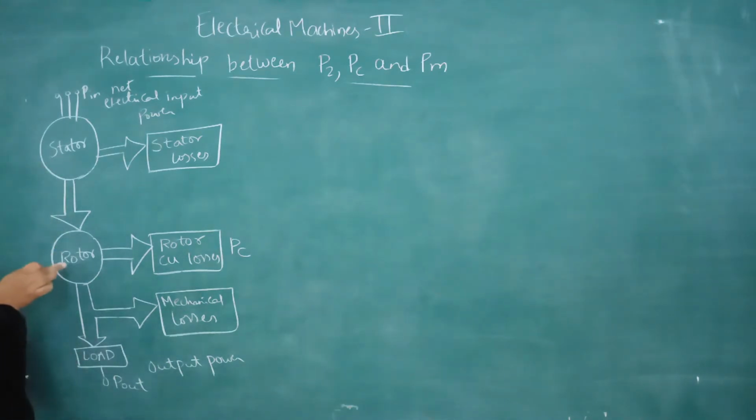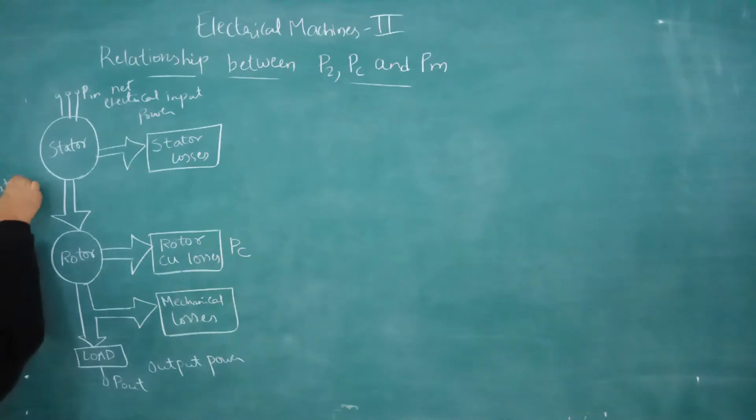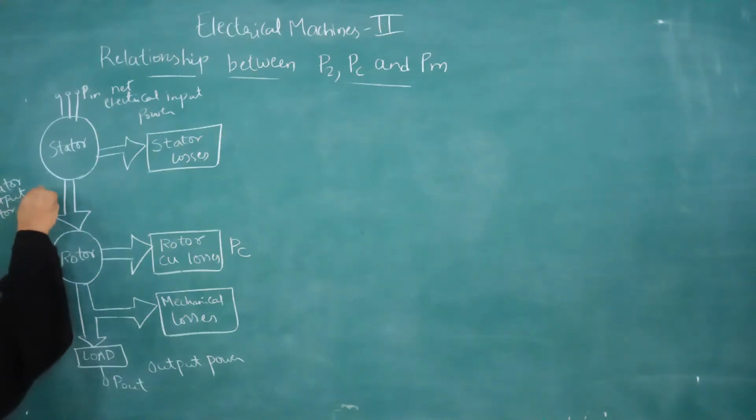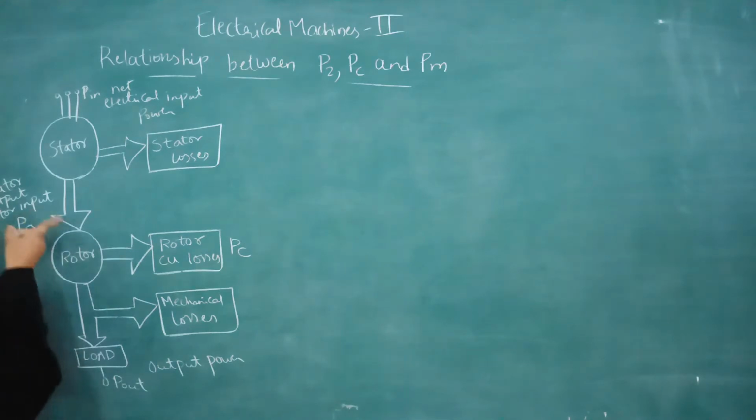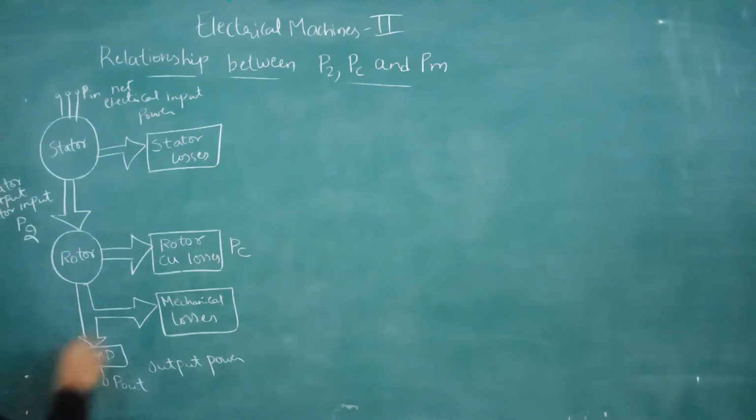Now stator output will be given as the input to the rotor. So I can write here stator output is equal to rotor input. I am denoting that by P2. P2 will be given as the input to the rotor and PC is the rotor copper losses. Output of rotor will be PM, mechanical power developed.